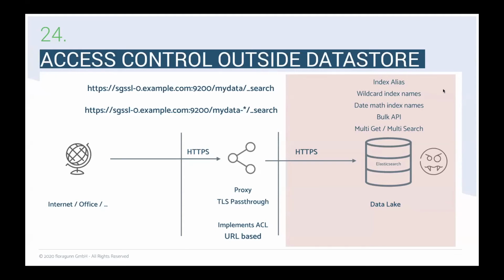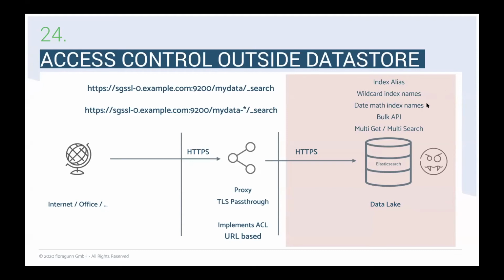In case of Elasticsearch and also other systems, this approach will really not work, because if you're not running inside Elasticsearch or directly connected with Elasticsearch, then you have the problem that based on the URL, you cannot really say which final indices are queried.